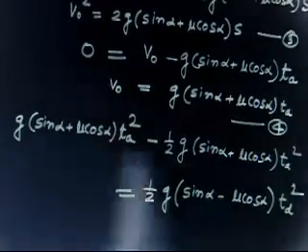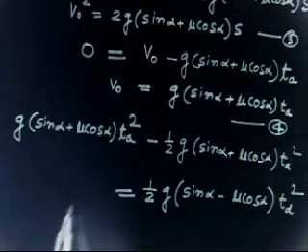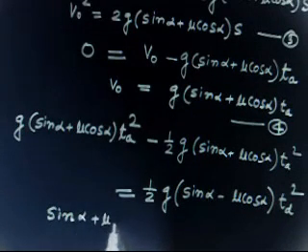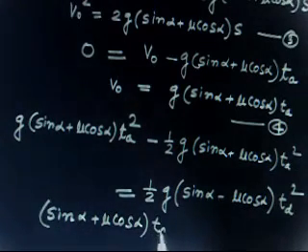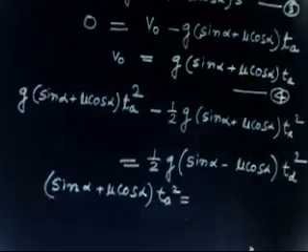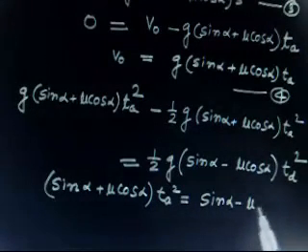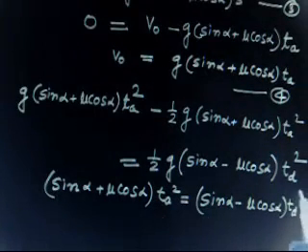Now this is 1 minus half, so half, and this half goes out, g also goes out. So I will finally have sin alpha plus mu cos alpha into t a square equals sin alpha minus mu cos alpha into t d square.